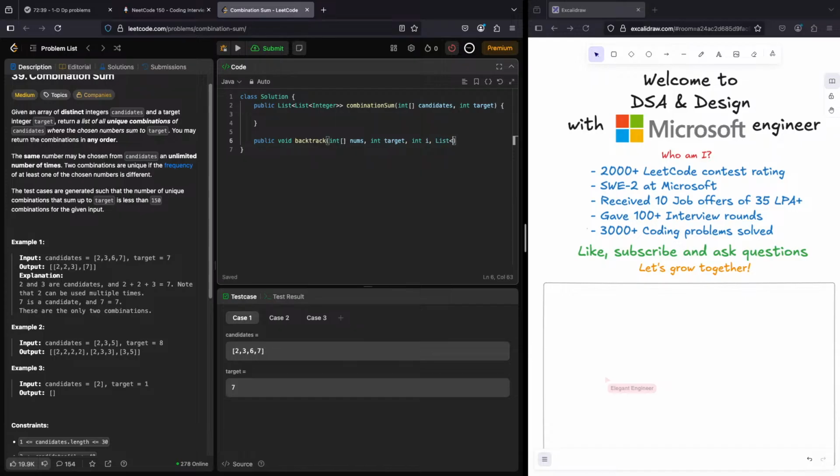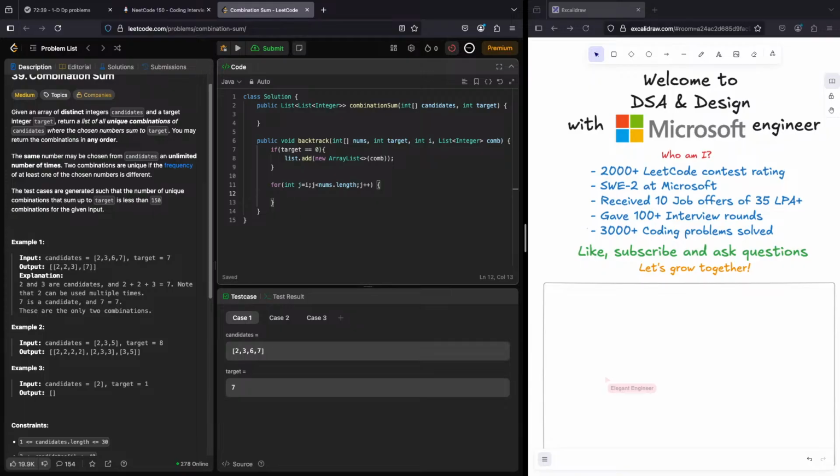Okay, let's create a List<Integer> combination. If target is equal to 0, list.add(new ArrayList(combination)). Otherwise, for int j = i; j < nums.length; j++.